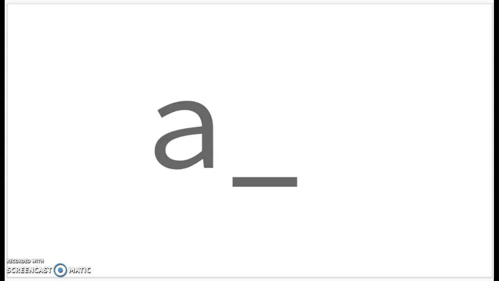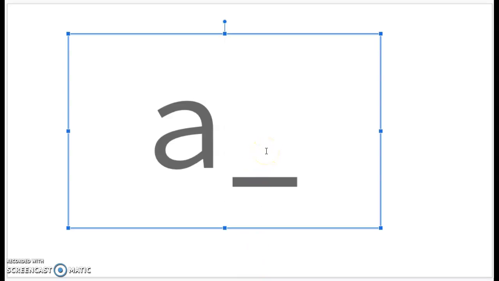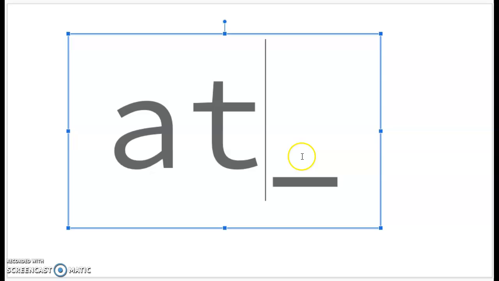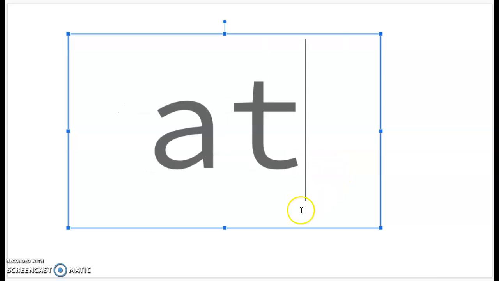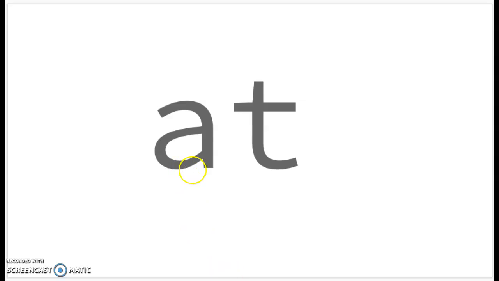Yeah, it says A. Let's look at this A I have here. A and this dash shows us that a consonant can go here. What if we put the letter T? What word is it now? At. Right. We remembered that when it's followed by a consonant, it says A.